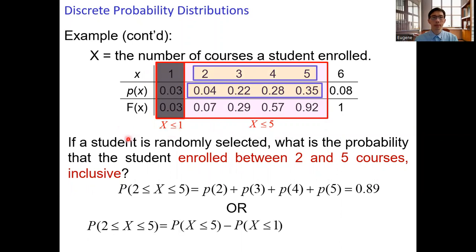So we get the probability of X less than or equal to 5 minus the probability that X is less than or equal to 1. This equals F of 5 minus F of 1. F of 5 equals 0.92, and F of 1 equals 0.03. So we get the expression 0.92 minus 0.03 equals 0.89.